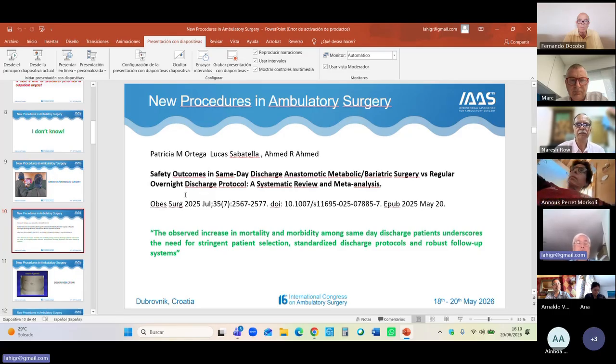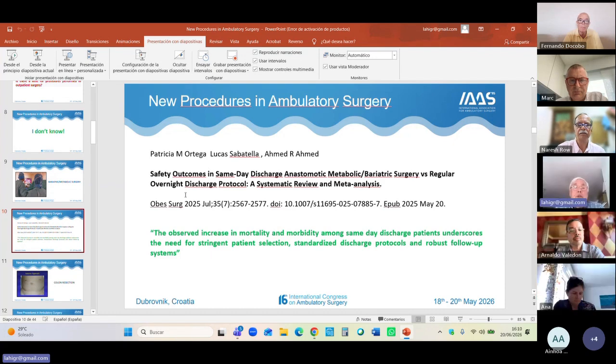So, talking about metabolic and bariatric surgery, I can show you this article, Safety Outcomes in Same-Day Discharge and Anastomotic Metabolic Surgery versus Regular Overnight Discharge Protocol, a systematic review and meta-analysis.